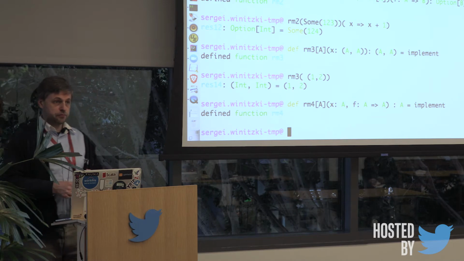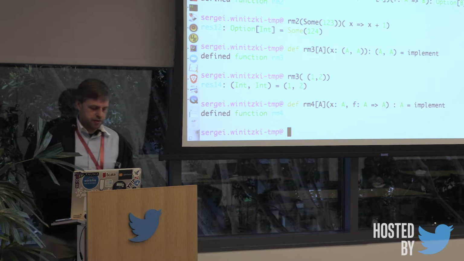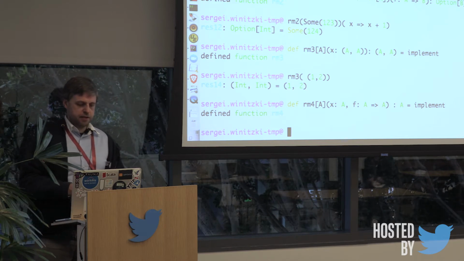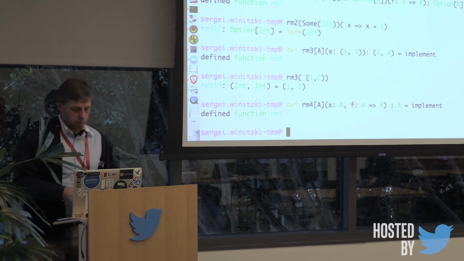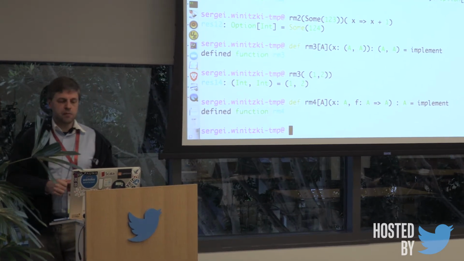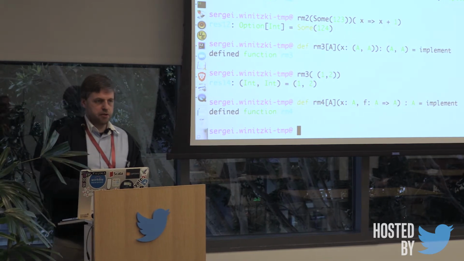Does it have access to things that are available in the scope and not just parameters? Yeah. So the question is does it have access to other values available in the scope? That is not easy to do in macros.